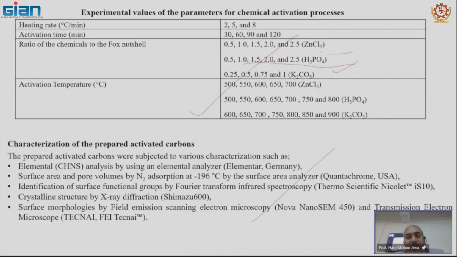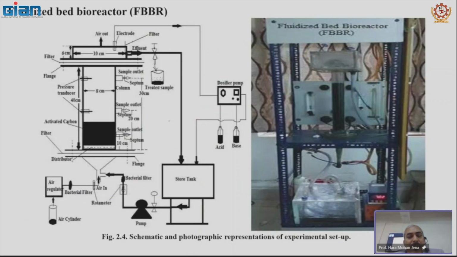Now a fluidized bed bioreactor. The schematic of the fluidized bed bioreactor to the left and the photographic view of the fluidized bed bioreactor to the right, it is there. So as you see in this schematic, one air cylinder is there, that means from air compressor, the air cylinder is there where it is stored.